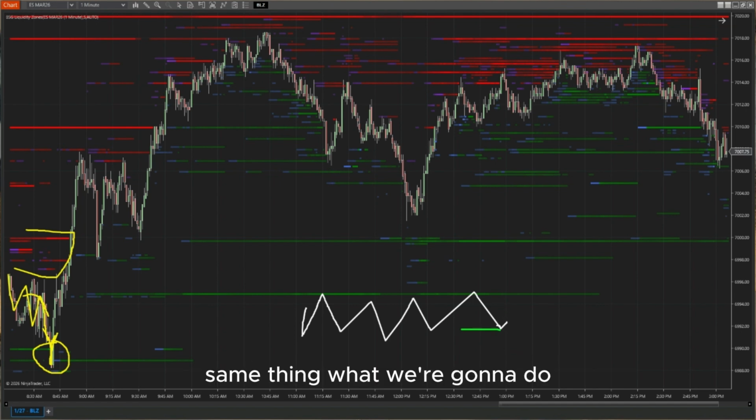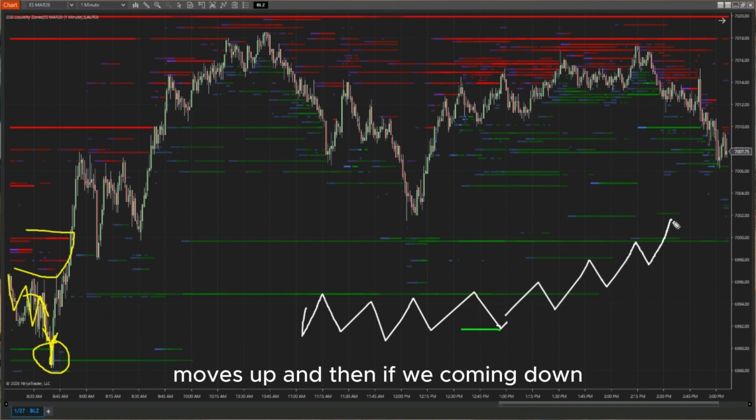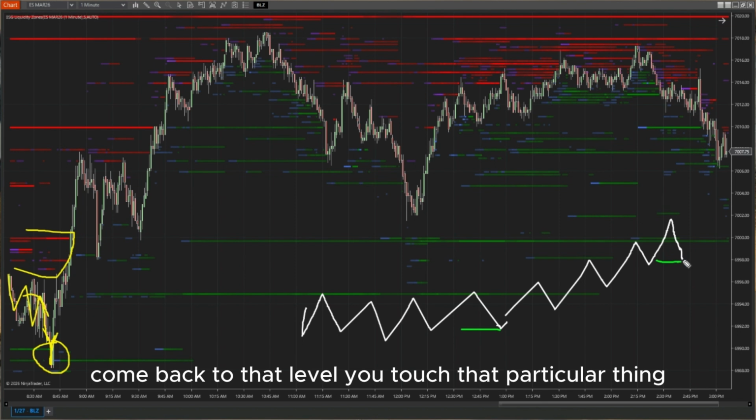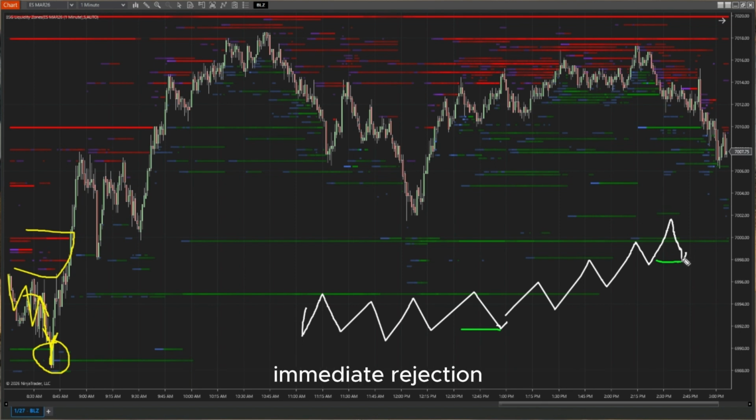Same thing. Anytime the price moves up, and then we are coming down, if you see the strongest liquidity already building up, a very huge quantity, what are you going to do? When the price comes back to that level, touches that particular thing, and then reverses immediately, that's immediate rejection.